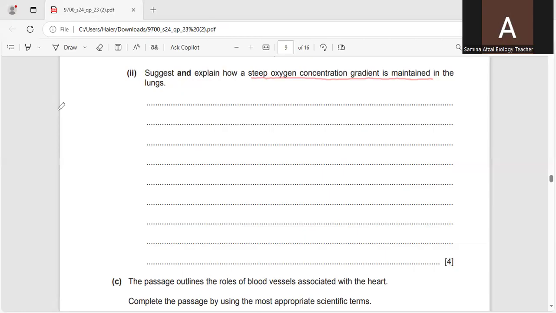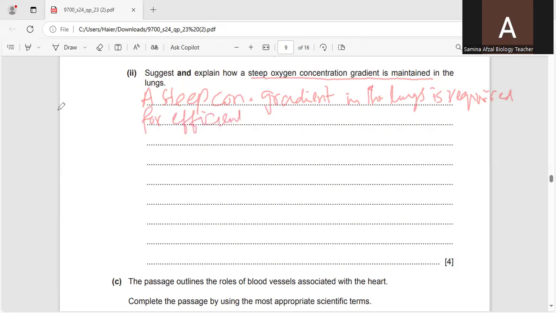So I would like to say all these, that is, a steep concentration gradient in the lungs is required or maintained for efficient exchange of gases by different means.